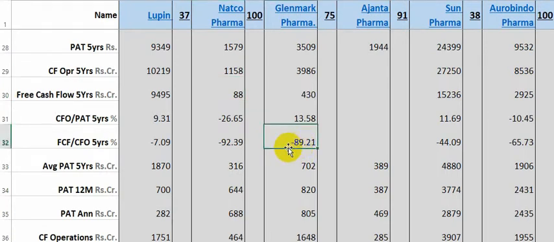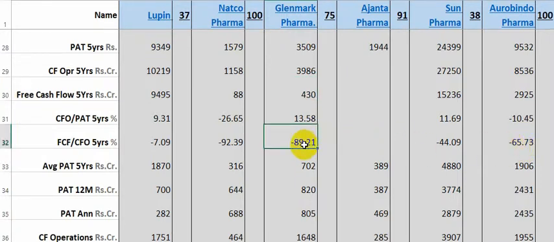Glenmark is similar to Natco, where the free cash flow has fallen by 89% of the cash flow from operations. Out of the cash flow of 3,900, just 430 is left with the company as free cash flow for distribution as dividend, or for acquisition. We want a good percentage. We don't want to see such a high fall in the free cash flow.